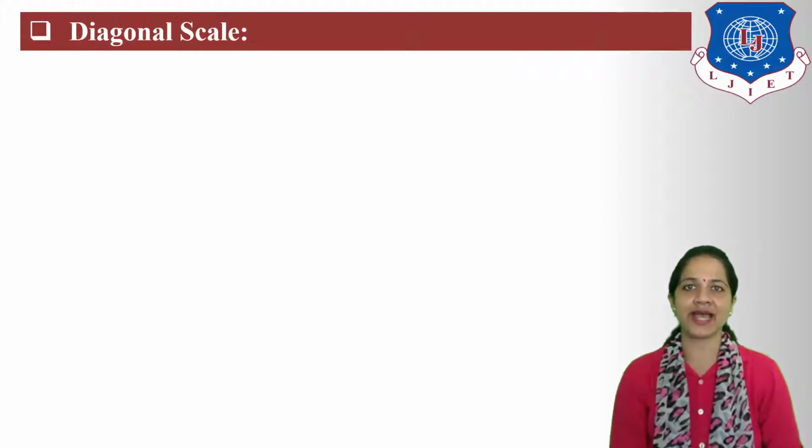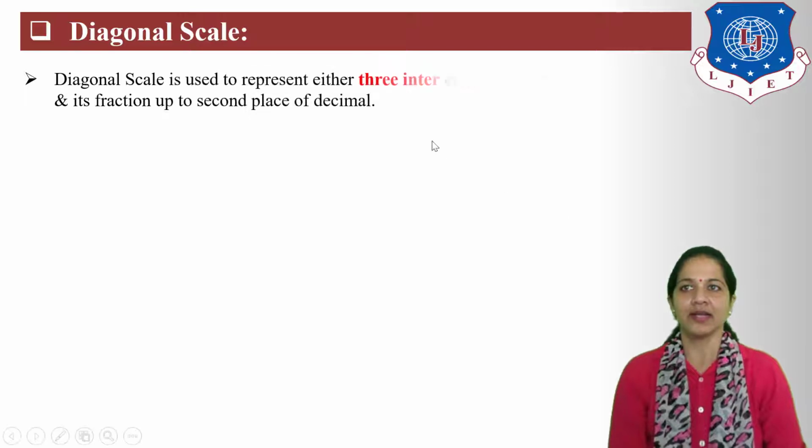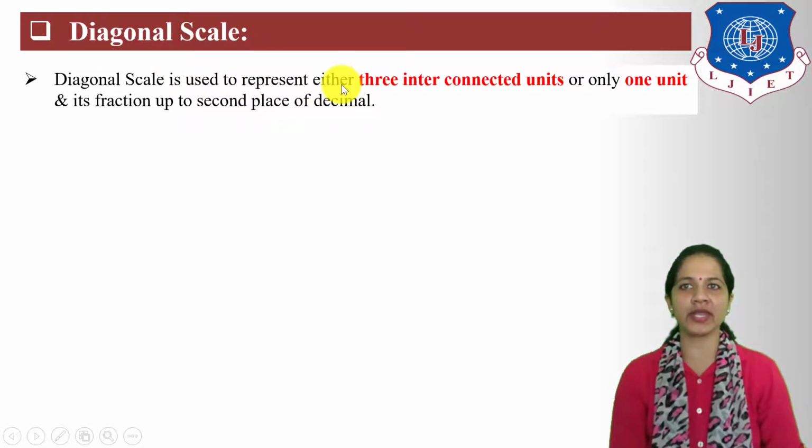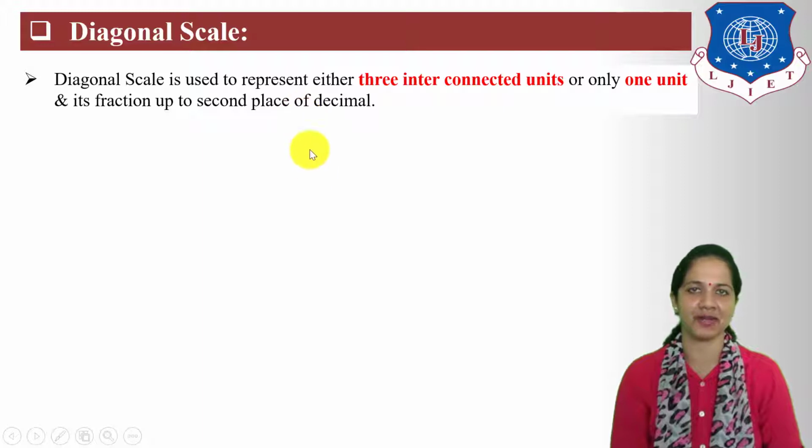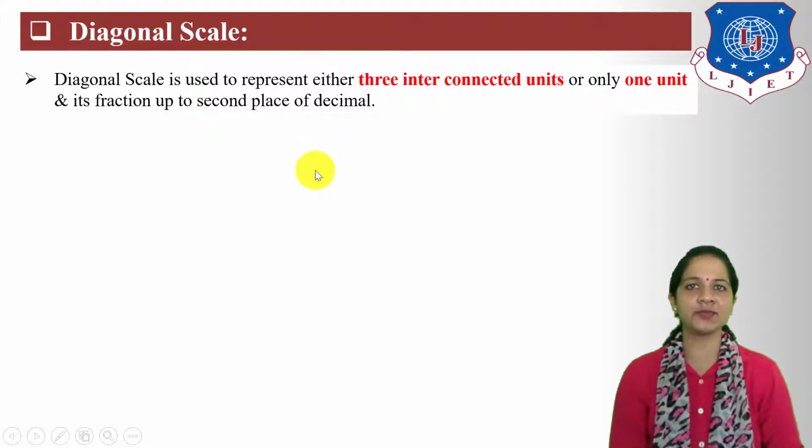Now, what is diagonal scale? Diagonal scale is used to represent either three interconnected units or a unit and its fraction up to second place of decimal. Now, what is the difference between plane scale and diagonal scale?